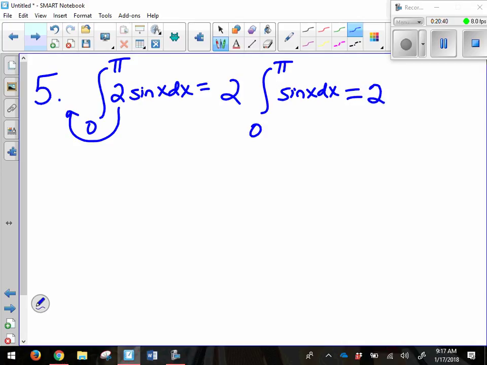So I just kind of keep my 2 out front, and then what's the integral from 0 to pi of sine of x dx? 2. So what's my answer here? 4.